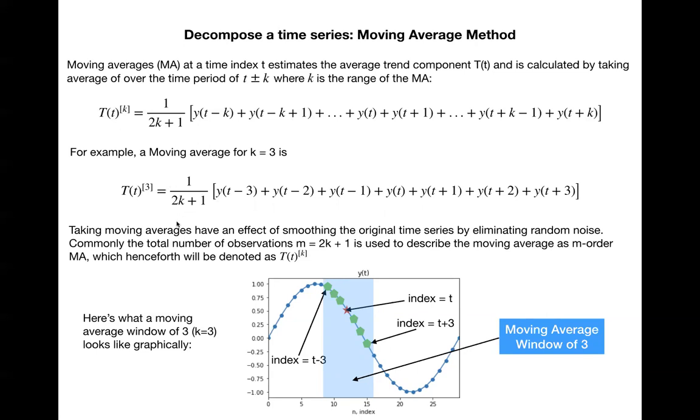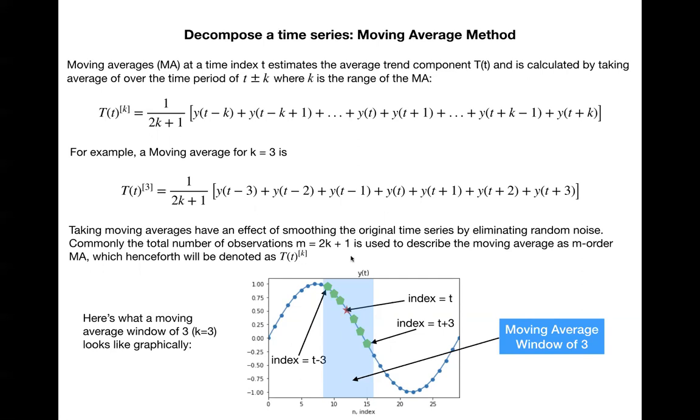Taking the moving average has the effect of smoothing the original data series by eliminating random noise. Commonly, the total number of observations M equals 2K plus 1, because I have K on this side, K on the other side, and plus 1. This is used to describe the moving average as an M-order moving window.